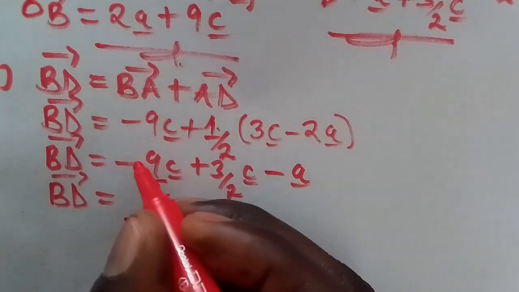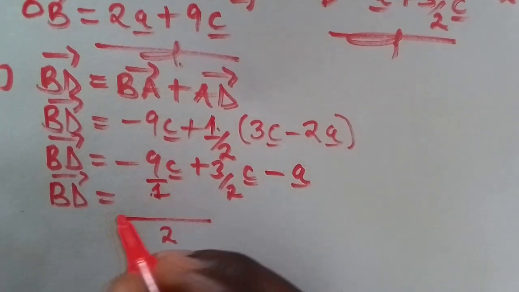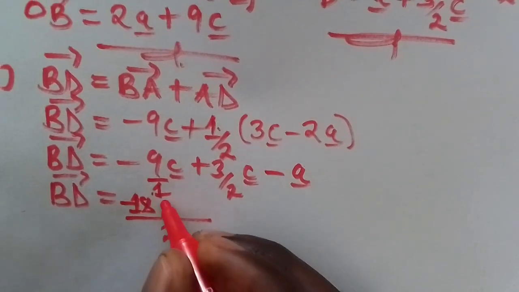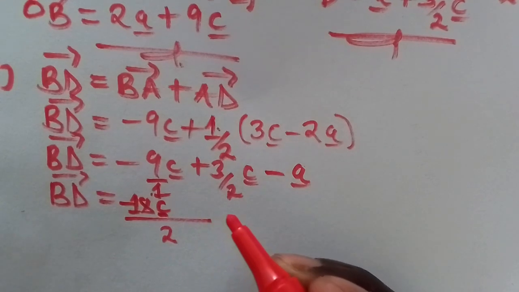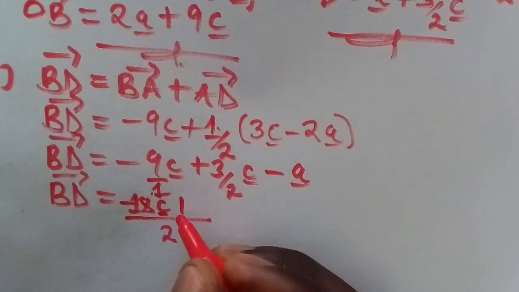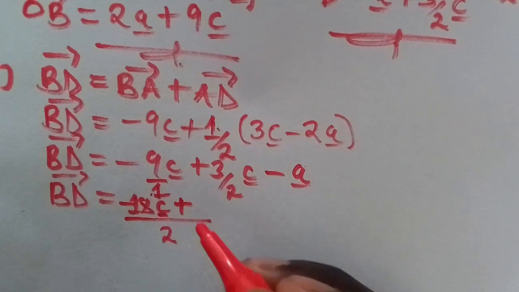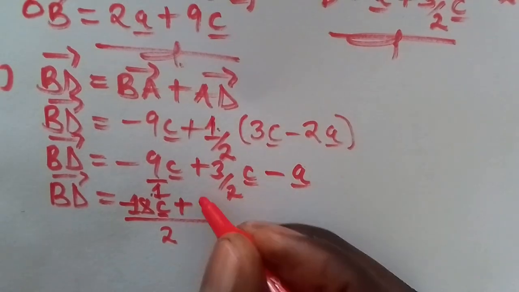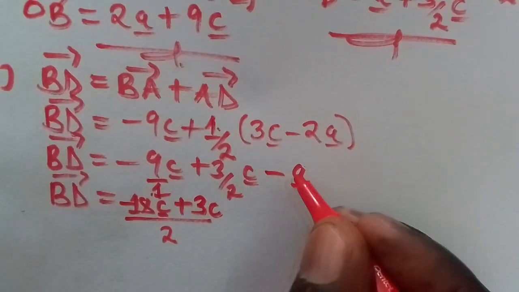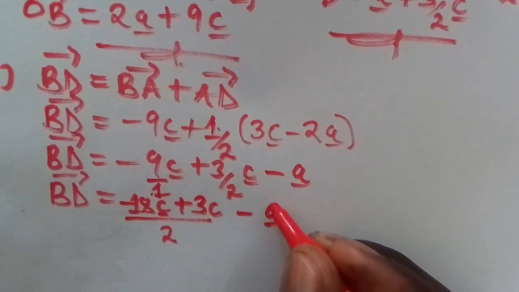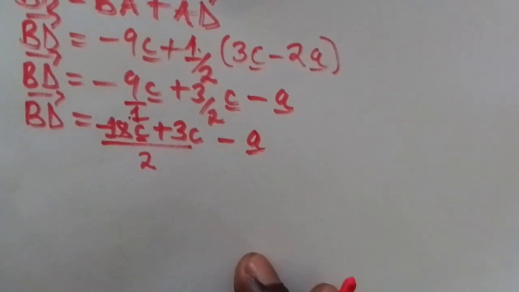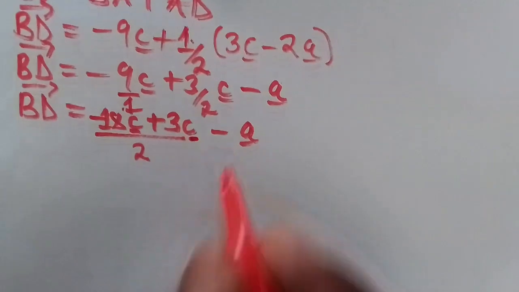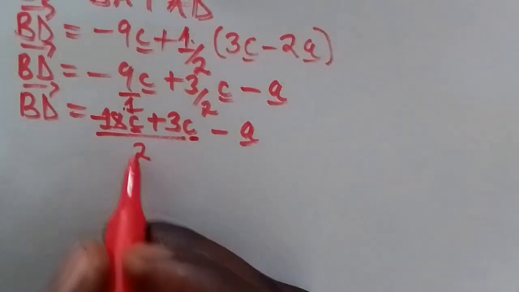Then 2 times negative 9C gives negative 18C vector. Then plus 2 into 2 gives 1. Then 1 times 3C gives 3C vector. Then we just write minus A vector here. So what we have is negative 18C vector plus 3C vector on top, and then over 2 here.